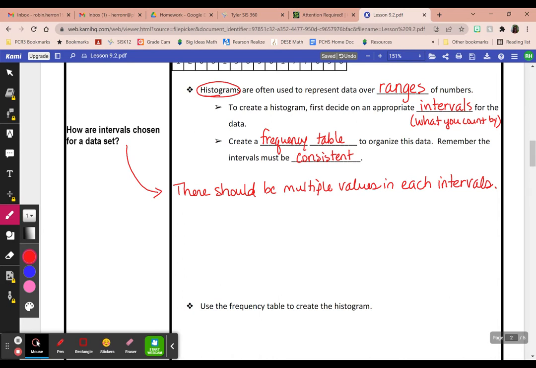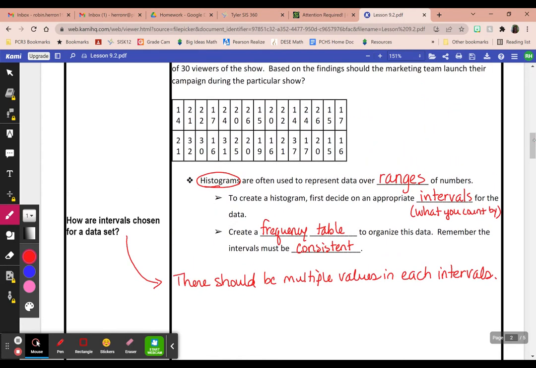So for this one, if I'm going from 25 to 34, and that's what they want us to look at, and we're looking up here at our data set, the smallest age that I can see here is 14, and our biggest one looks to be 37, I think, right here.